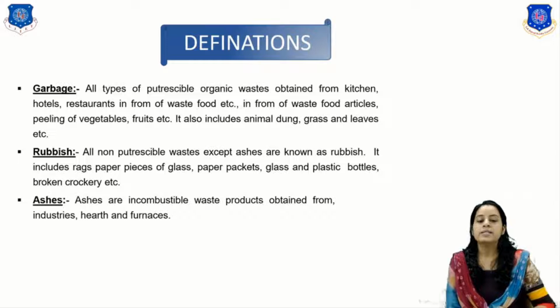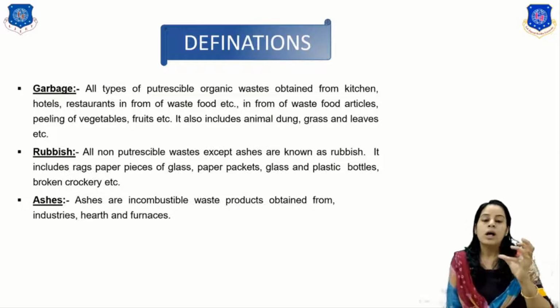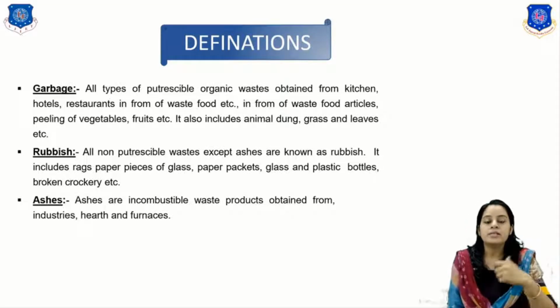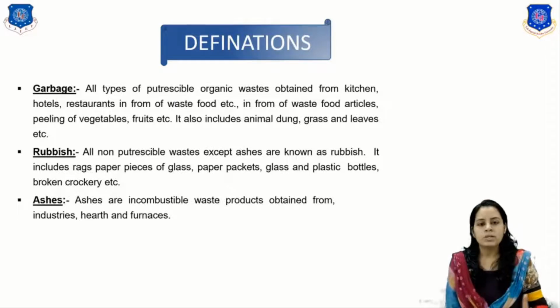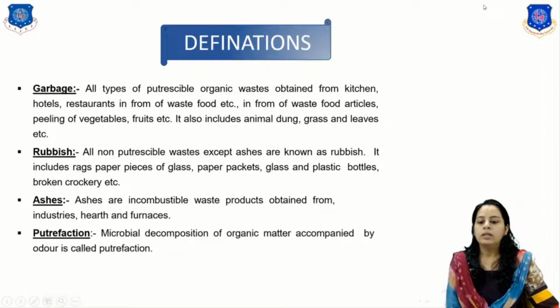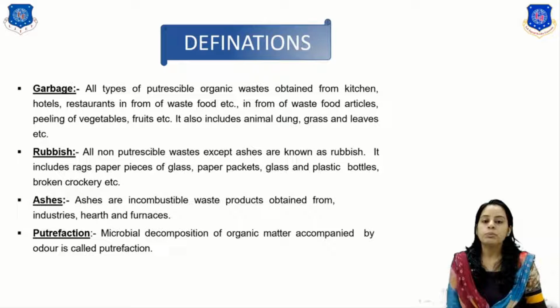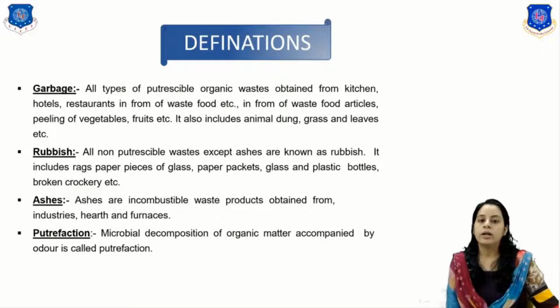The next one is ashes. What is ash? It is an incombustible waste product obtained from industry, hearths and furnaces, because ash is a byproduct or residue of combustible material. So ash is an incombustible waste. The next is putrefaction, the microbial decomposition of organic matter which produces odor.